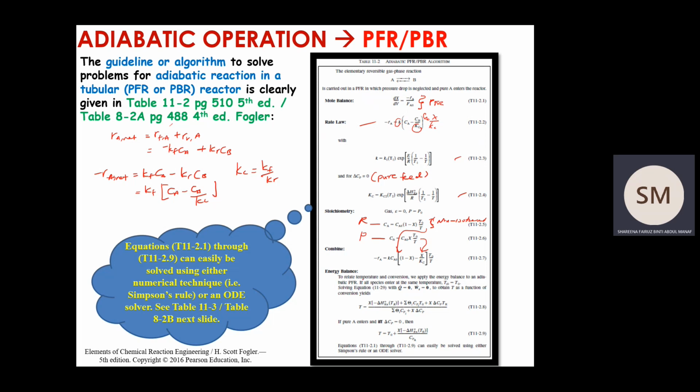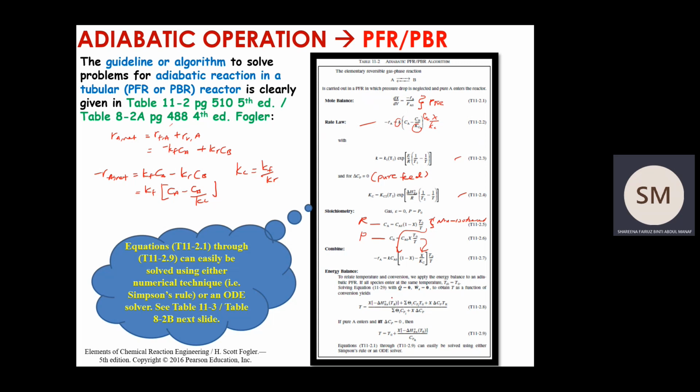To relate temperature and conversion, we apply the energy balance to the adiabatic reactor. If all species enter at the same temperature, Ti0 is equal to T inlet. Assume that Q is equal to 0 because this is adiabatic, and W, there is no shaft work, so it is equal to 0.